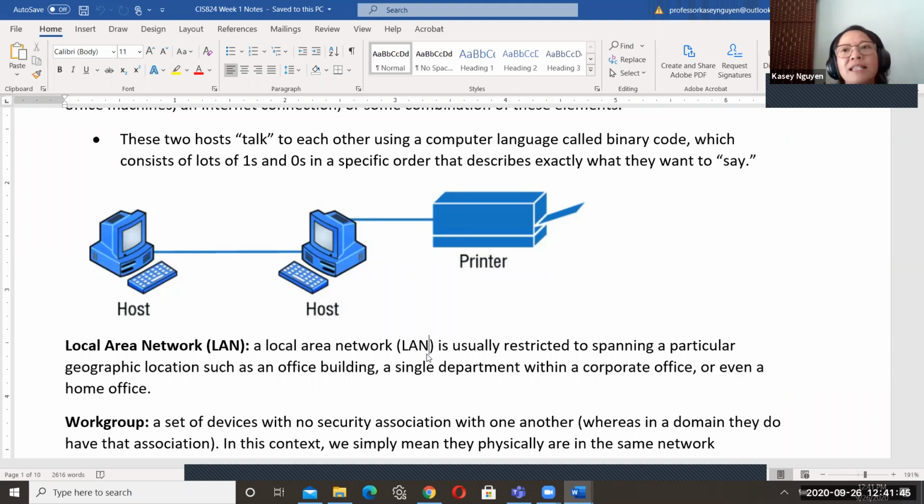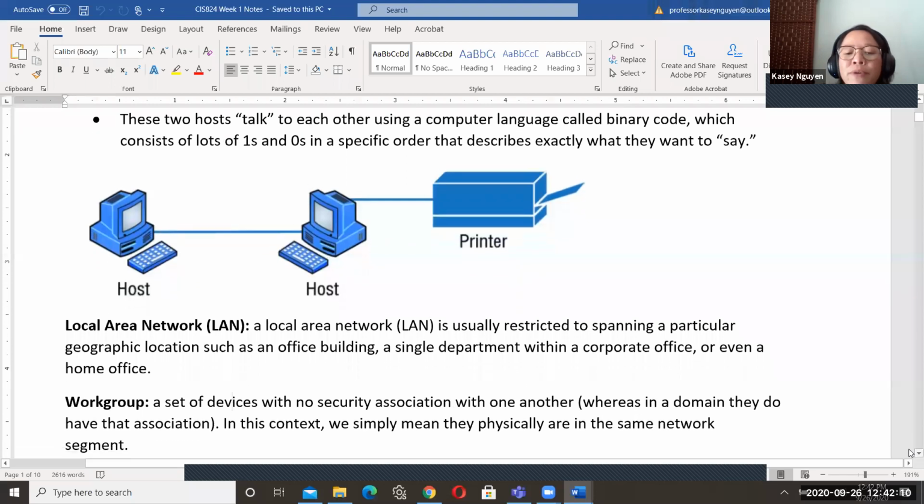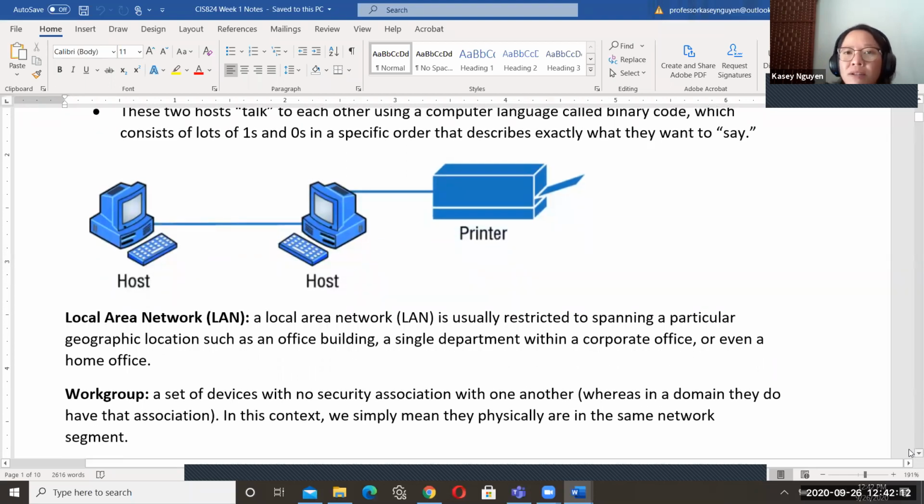Facebook has like 16, 17 data centers, and those data centers service everybody in the world. And how do they communicate? They connect their network through service providers' networks and then back to their other data center. Okay. So the local area network is really a way that we represent a network to that physical location.